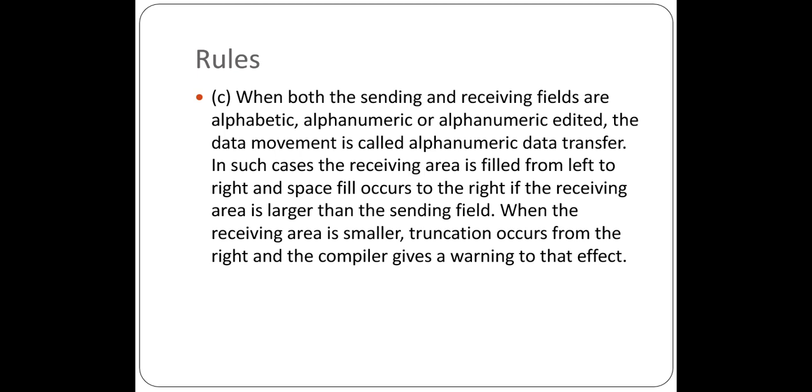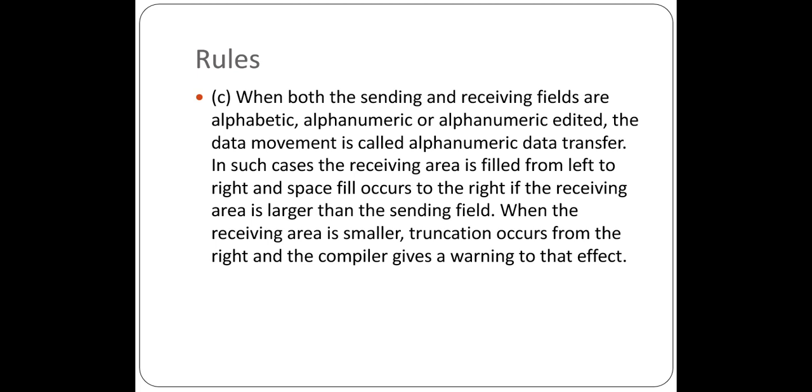And then the next condition is when the receiving area is smaller, and the sending field is the larger one. So in this situation, the truncation occurs from the right, and the compiler gives a warning to that particular effect. So suppose the sending field is the largest one, and the receiving field is the smallest one.